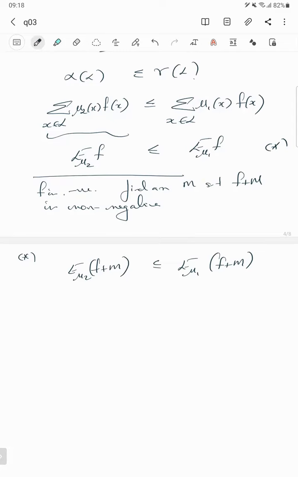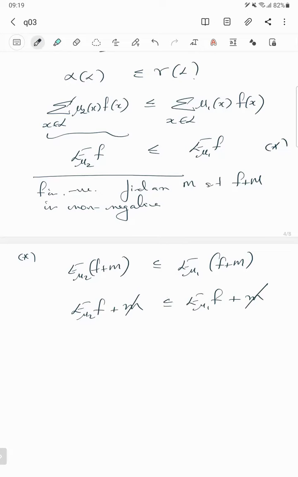Now m is a constant, so by linearity of expectation this is expectation of f plus expectation of m. If m is a constant, its expectation under any probability distribution is the same. You can even expand it and check using this formula: if f was a constant, it will come out and the sum would be 1. So the m and m go away. This is the finishing touch.